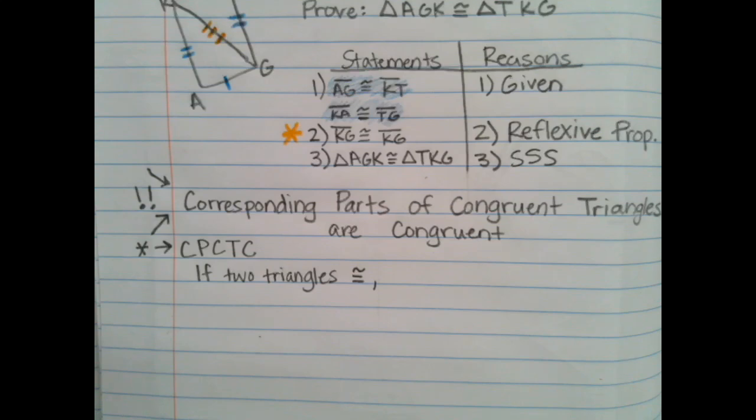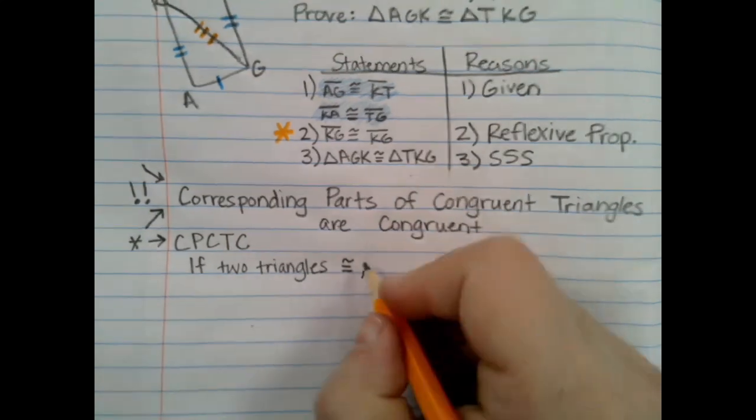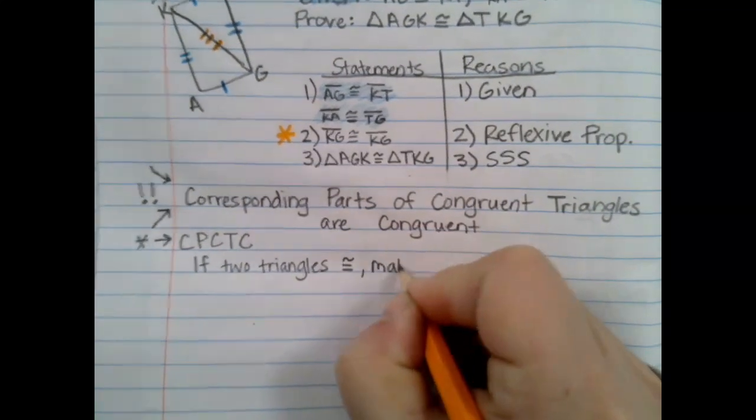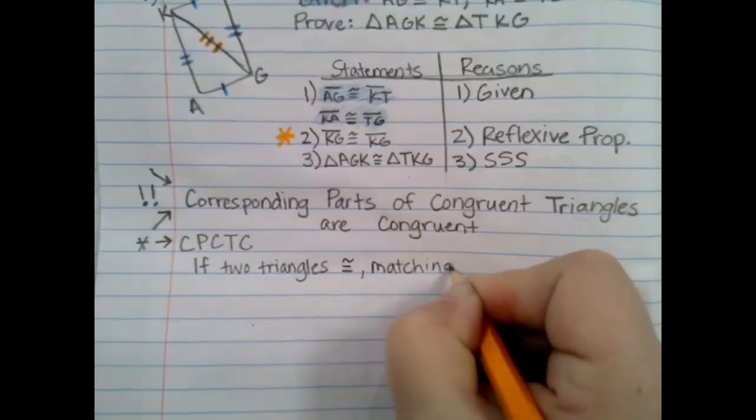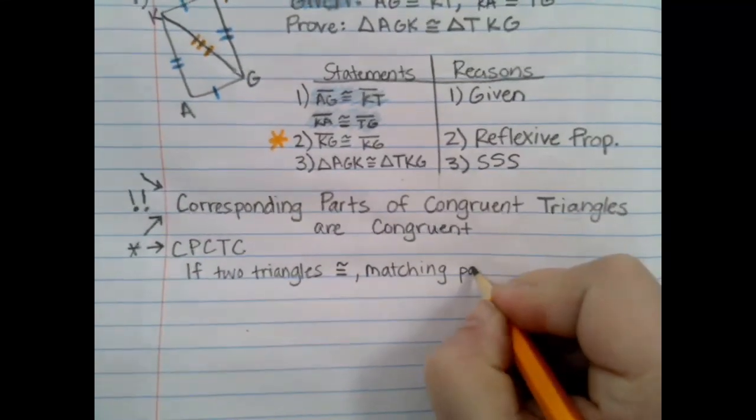That's adjacent. That's close. They're kind of next to each other. Same place. They're matching. Good. So then the matching parts are congruent, which is what we said already 2 lessons ago.